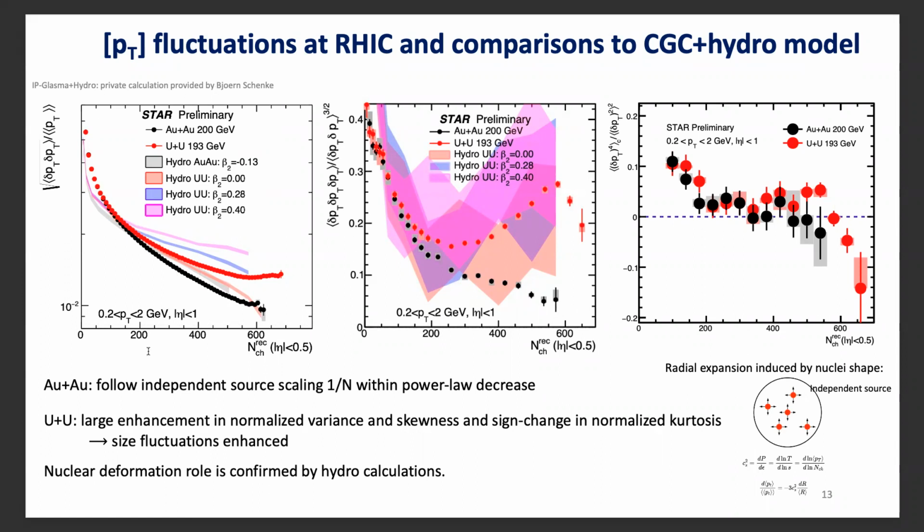Basically these pictures are captured by the deformation. And we also compare the hydro model, which is provided by Bianchi and Trincheri, and because this hydro computation is very expensive, we need more statistics in the future.